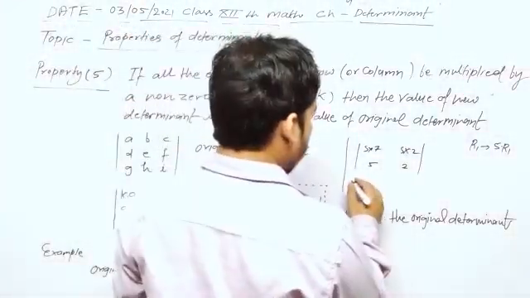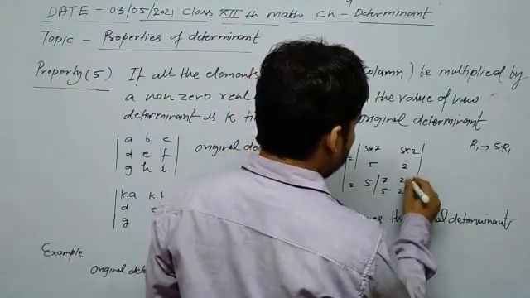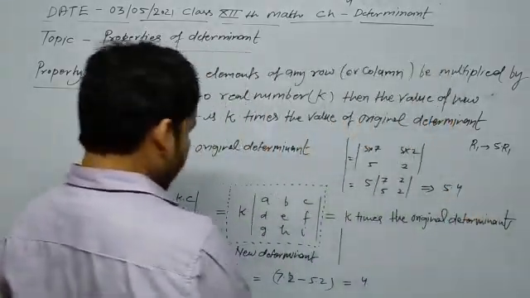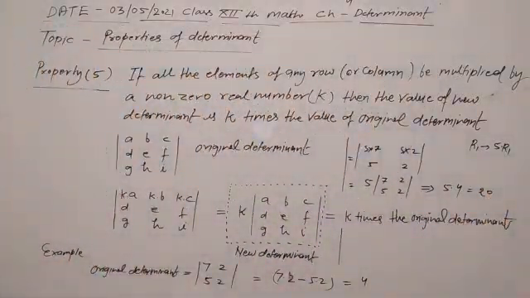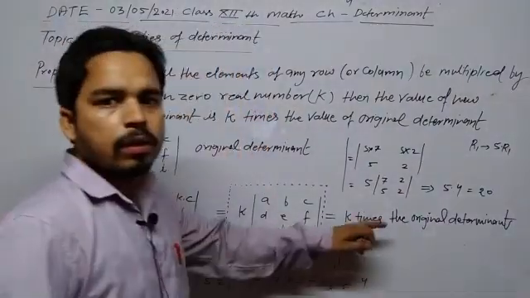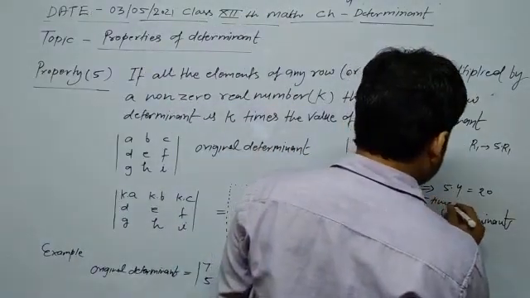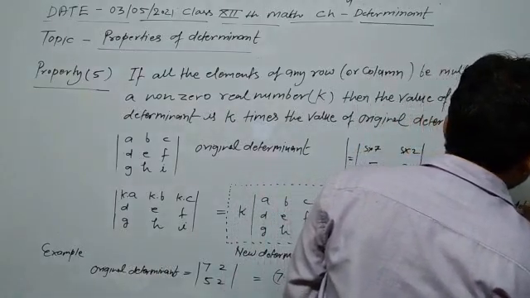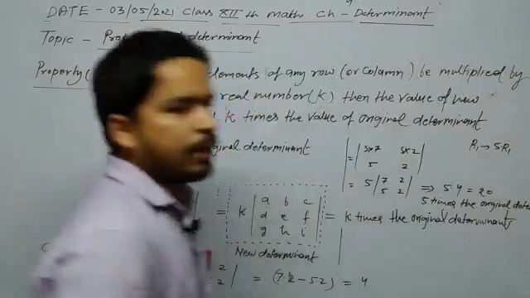So its result can also be written as 5 times the determinant 7 2 / 5 2. Its result is 5 times 4, because this result is 4. So the result is 20. This is 5 times the original determinant.